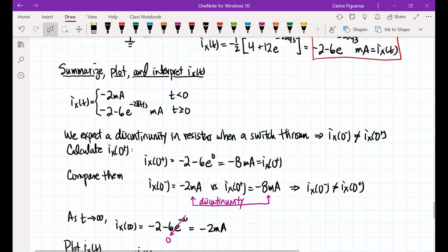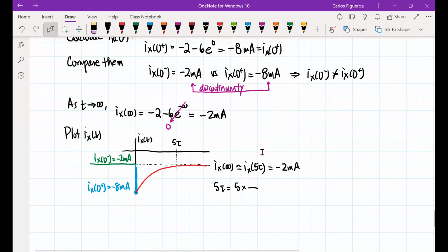It's 20 over 3, so therefore tau has to be 3 divided by 20, and 5 tau gives me 0.75 seconds. So that means it reaches steady state at roughly 0.75 seconds.